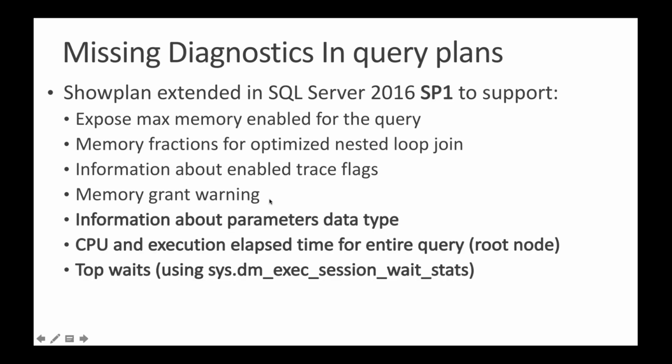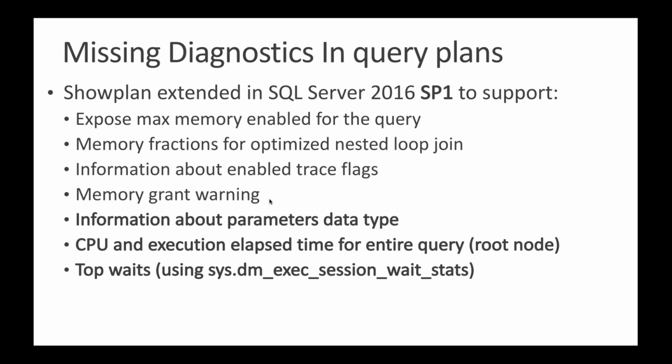There's also information about parameters and data types, CPU and elapsed time for the entire query, kind of like when you do set statistics time. And here's my favorite thing, and Bob Ward was the first person who told me about this, and I was blown away when I saw it. You get the wait stats for your queries.